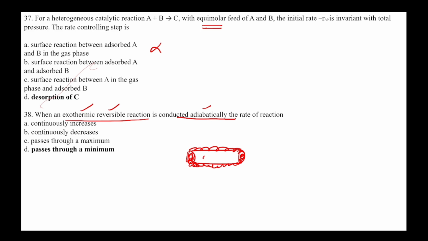For a reversible adiabatic reaction we have to give an optimum temperature and high pressure.